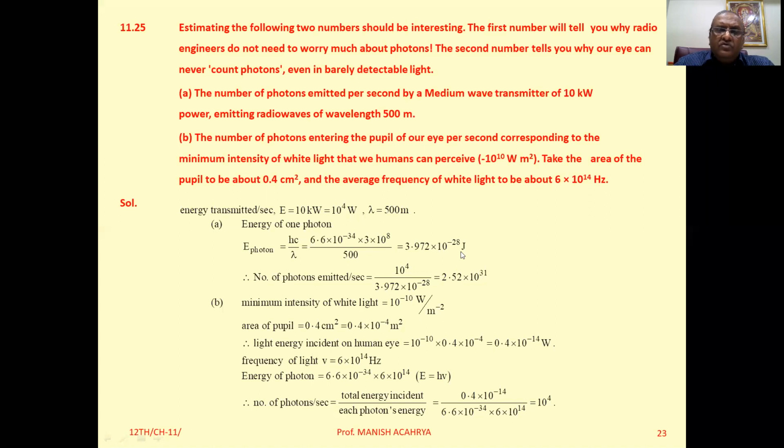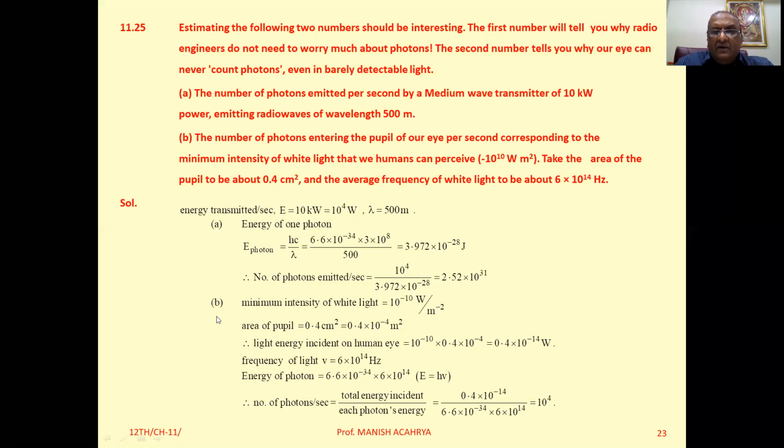Now number of photons emitted per second, that is power upon energy of each photon. So power, that is 10 raised to 4, energy of each photon which we calculated, substitute here, then solve it. You will get the number of photons emitted per second. Tremendously large one, unbelievable.